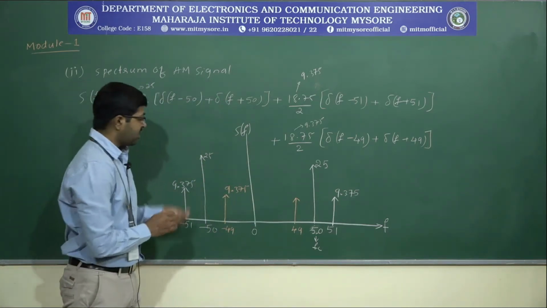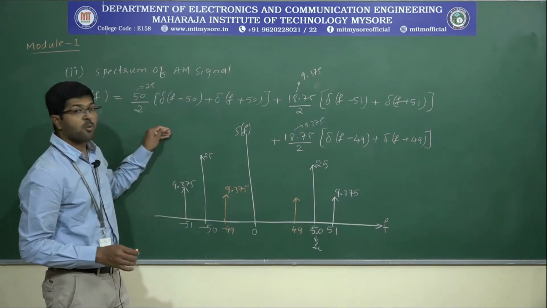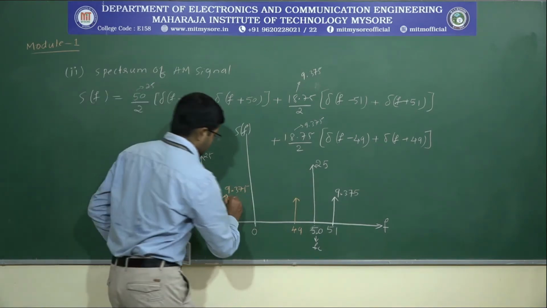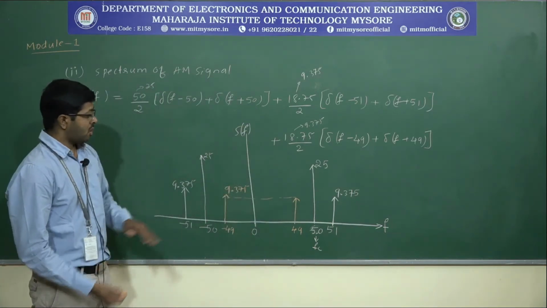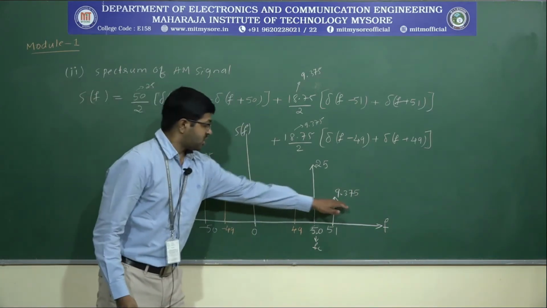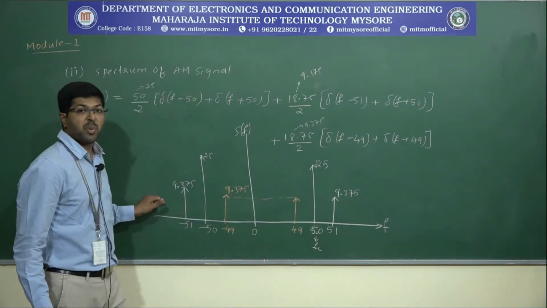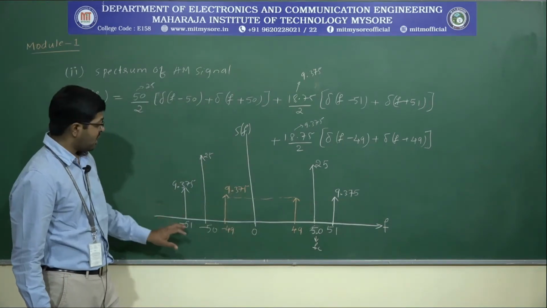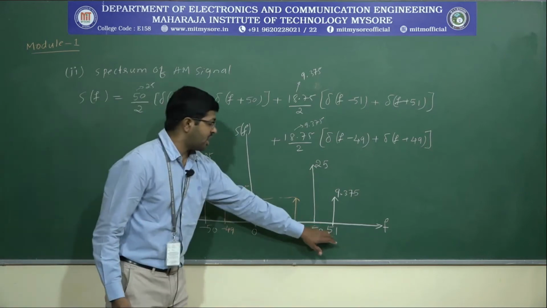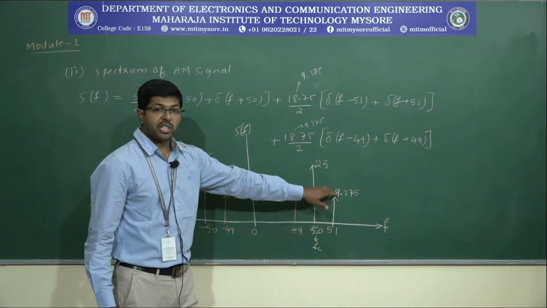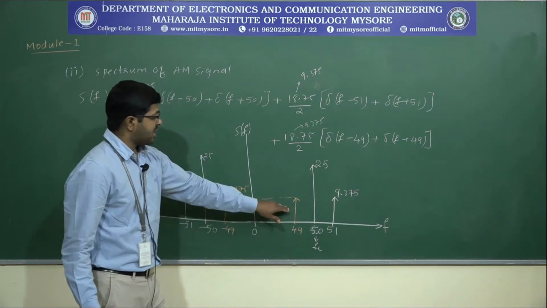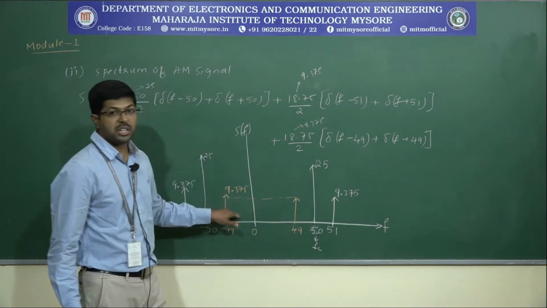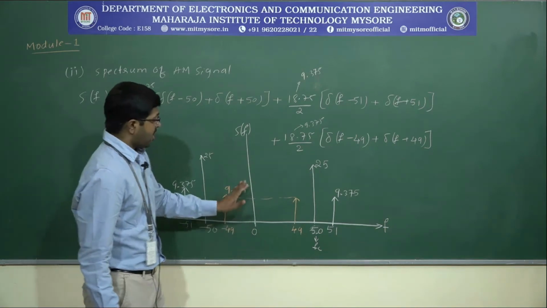So this is the frequency spectrum of the AM signal. The amplitude or the magnitude is the same. These two terms are the upper sideband frequencies with frequency 51 Hertz, magnitude 9.375, and this is the carrier, and these two are the LSB.